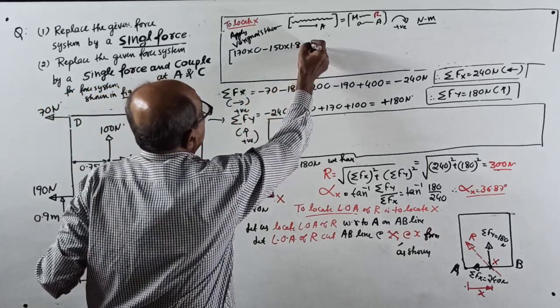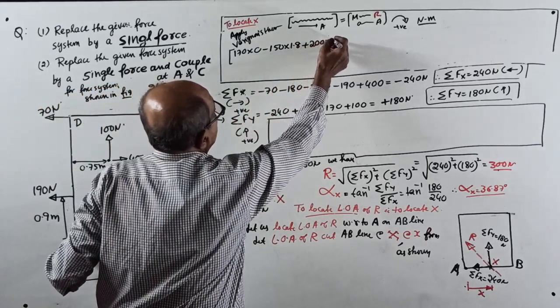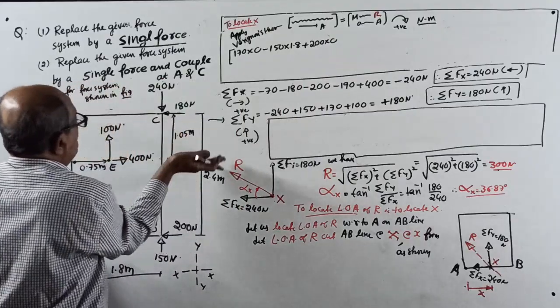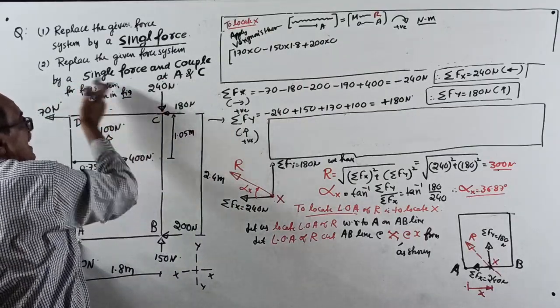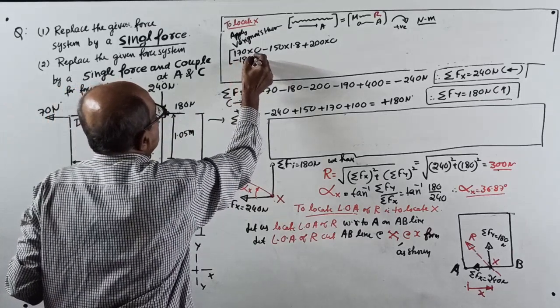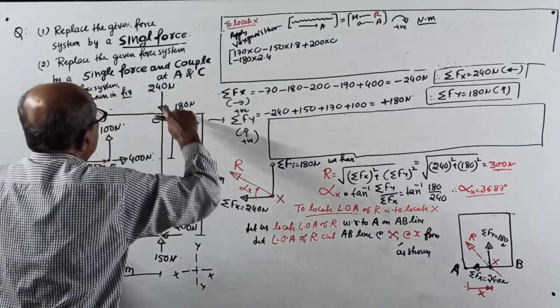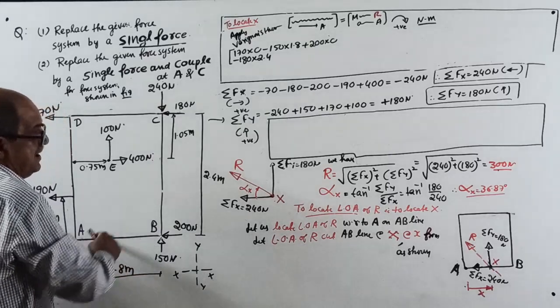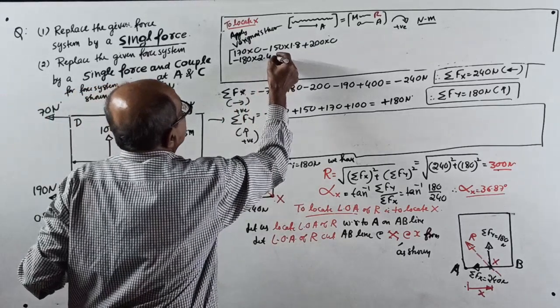Why waste time? Minus anti-clockwise 180 into 2.4. 240 into 1.8 is clockwise, therefore plus.